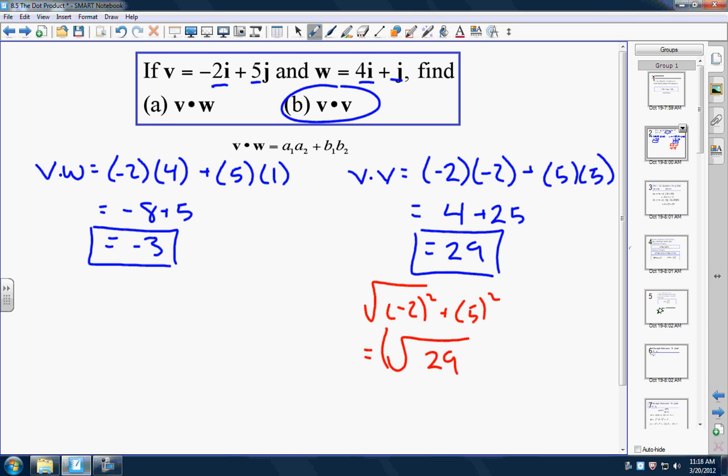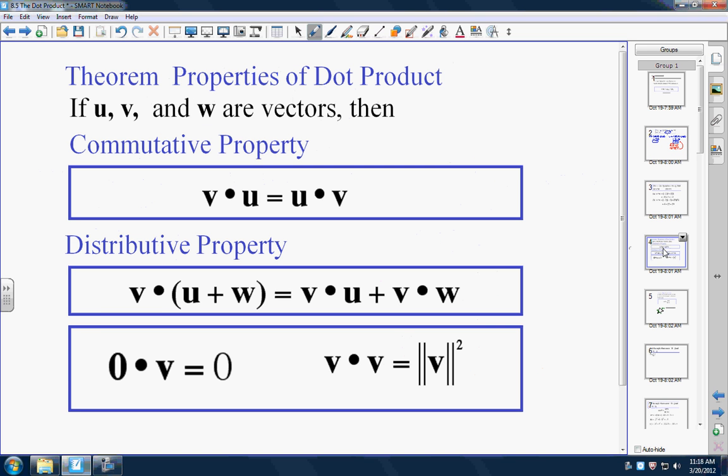Now if we square that, we get what happened right there. That proves if you dot two of the same vectors together, it's just the magnitude squared. So it'll get rid of that square root for you.